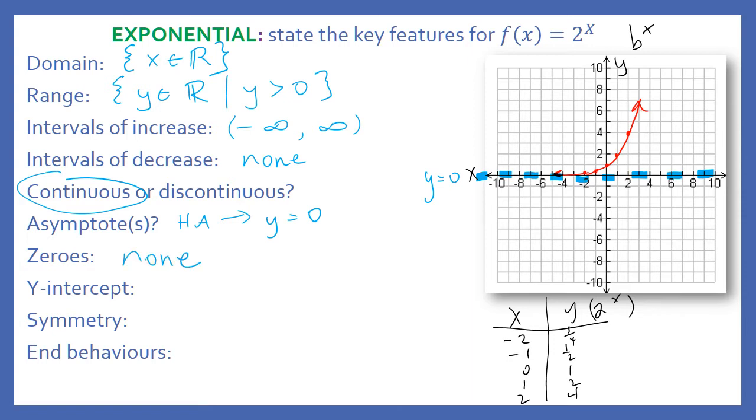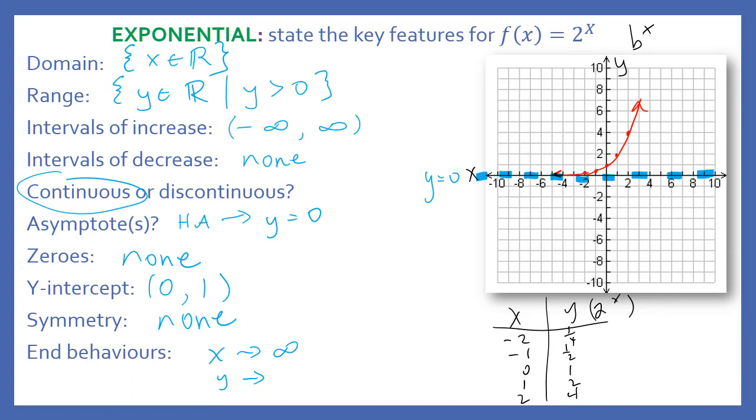Y-intercept, 1, so 0, 1. Symmetry, this has neither odd nor even symmetry, so none. And behaviors. So remember, as x goes to infinity, what does y do?